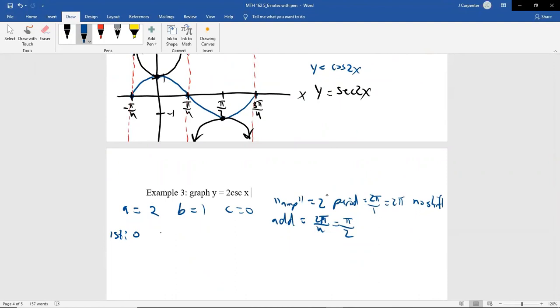The second, we take that one and we add pi over 2, which is pi over 2. To get the third, we take that pi over 2 and we add pi over 2 again. We just keep adding pi over 2. Pi over 2 plus pi over 2 is pi. It's 2 pi over 2, which is pi.